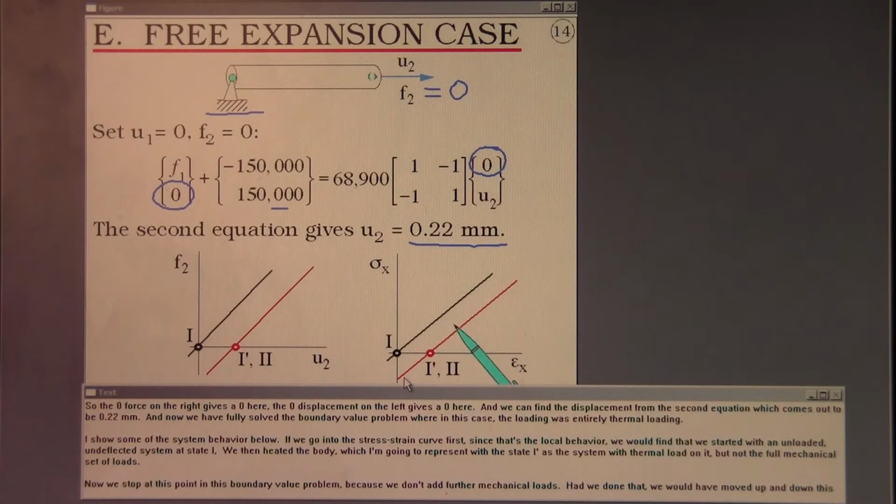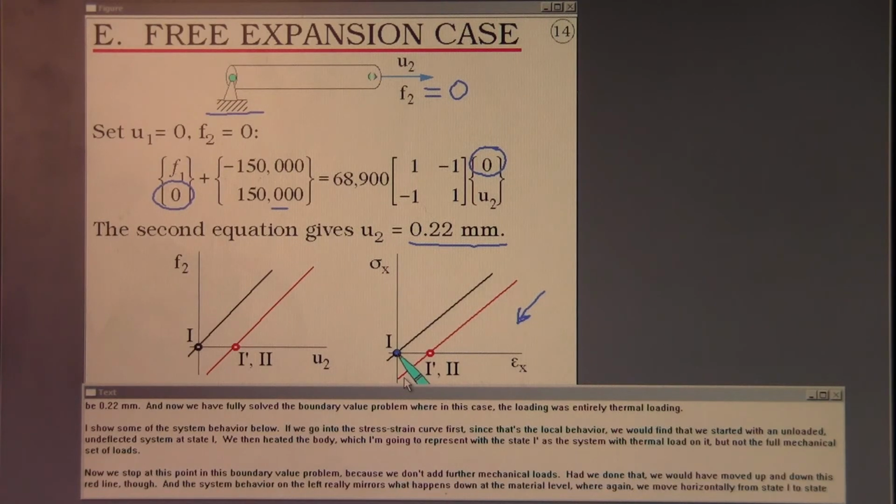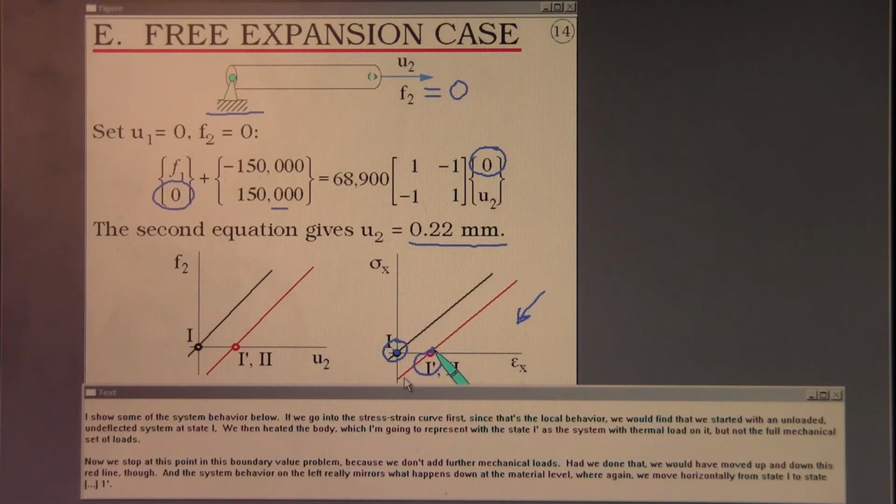If we go into the stress-strain curve first, since that's the local behavior, we would find that we started with an unloaded, undeflected system at state 1. We then heated the body, which I'm going to represent with a state 1 prime as a system with thermal load on it, but not the full mechanical set of loads.